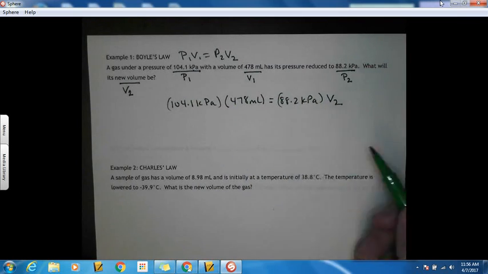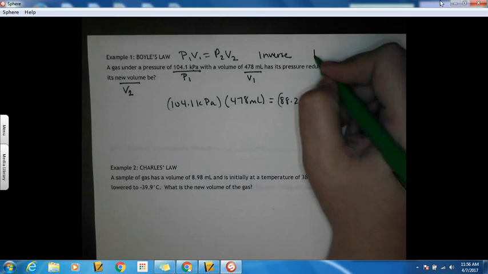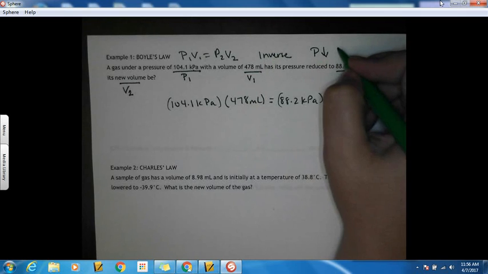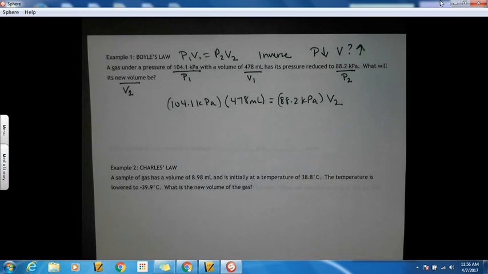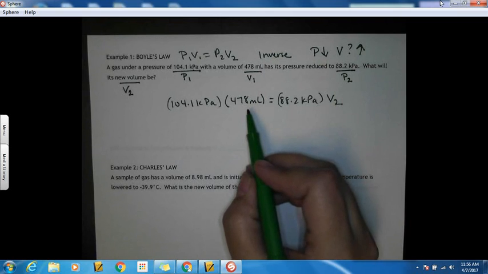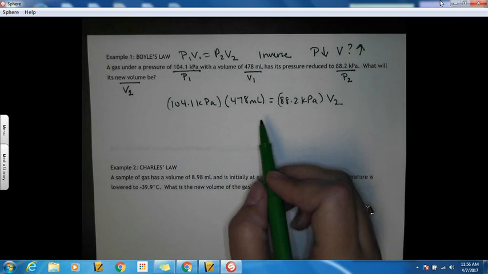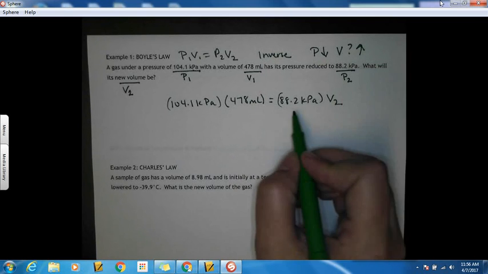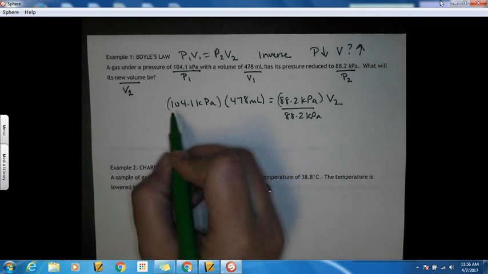Now we know the relationship here is inverse, right? So if our pressure is going down, what will we expect to happen to our volume? Right, it'll go up, because inverse means they go in opposite directions. So we should get a larger volume than what we started with. This is a good way to check your work. All right, so we're going to solve for V2, so we're going to divide by 88.2 kilopascals on both sides.